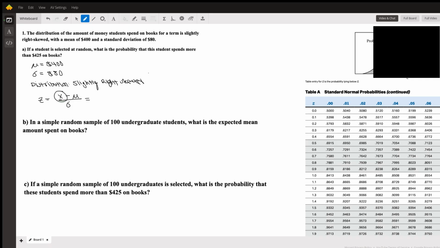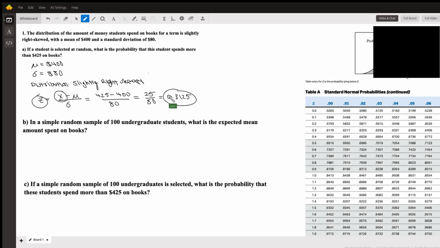Well, right now we're trying to find the probability that this student spends more than $425 on books. So we're going to plug in 425 there. I know that my mu is 400. I put that over 80. I get 25 over 80. And then if you were to put this into a calculator, you would get 0.3125.